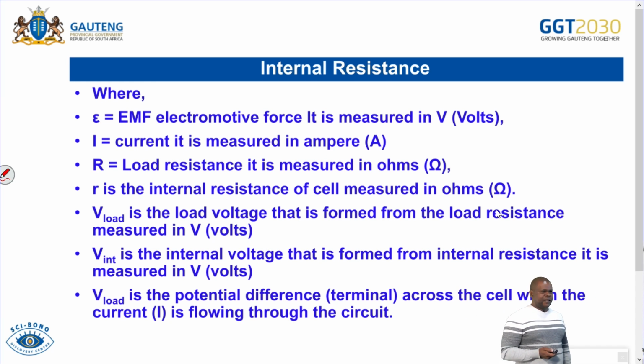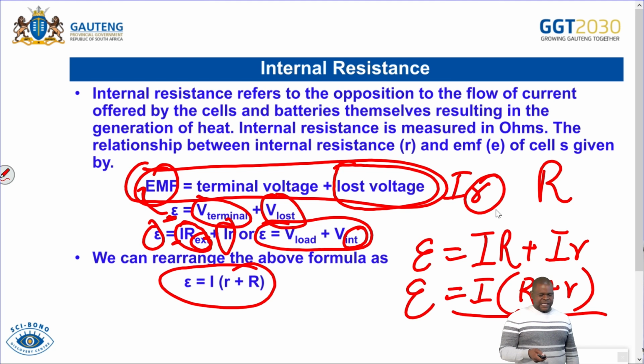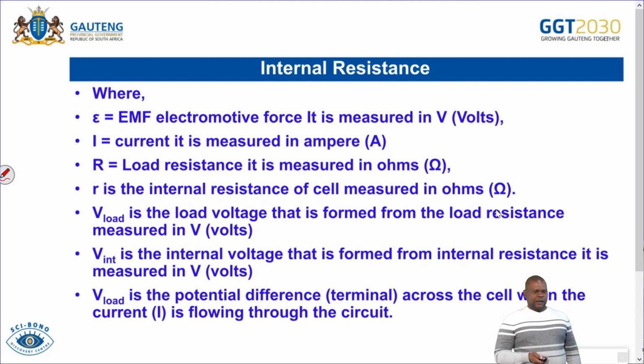We continue, grade 11s. Now we're giving the definition of all the symbols that have been used in these slides, and even their SI units. We say E is an EMF, which means electromotive force.